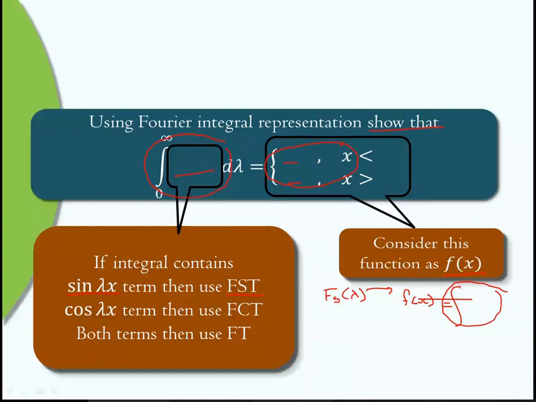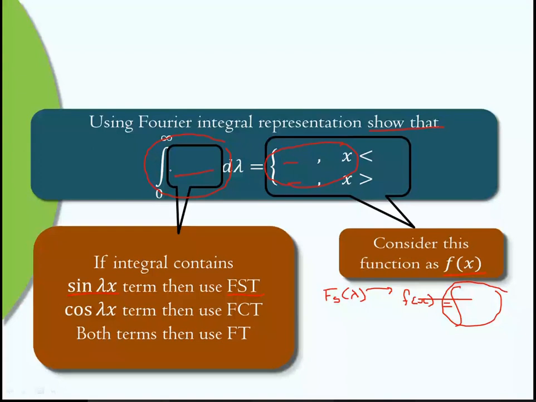So carefully remember: firstly take the function on the right hand side as f of x, then look at the term in the integration. If it contains only a sin λx term and some other function of λ or x, then use the Fourier sine transform, find fs(λ) by making use of this f of x, and take the inverse of that. That gives us f of x in the form of an integration, and check whether the integration we got and the integration asked for are the same or not.